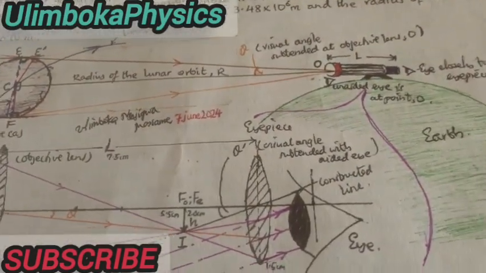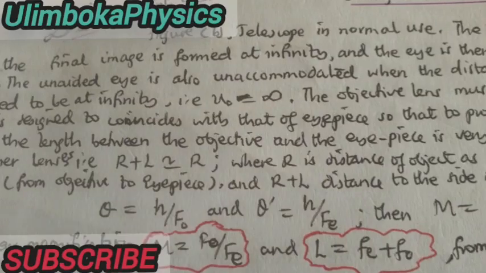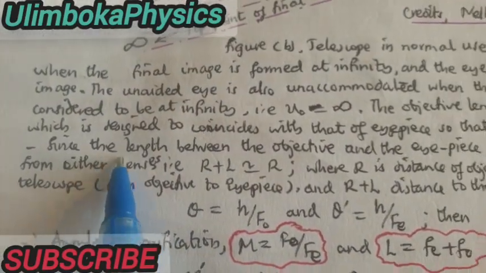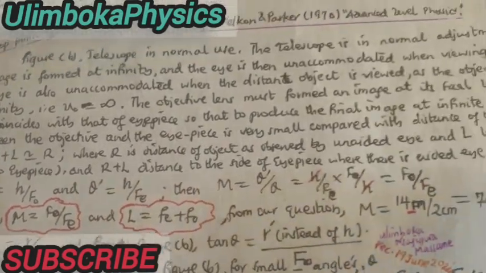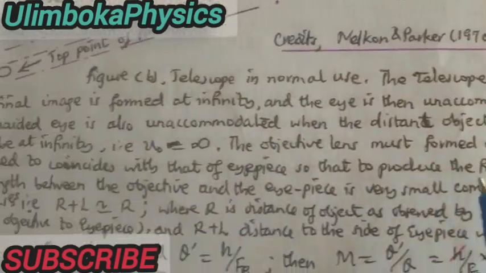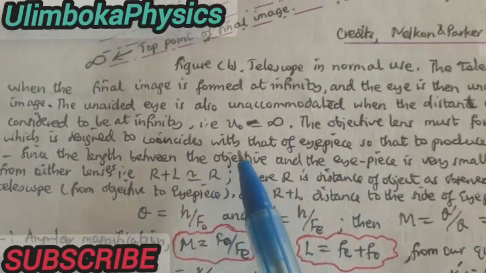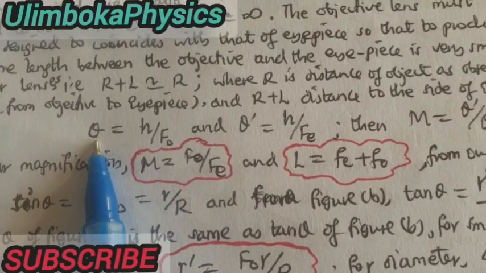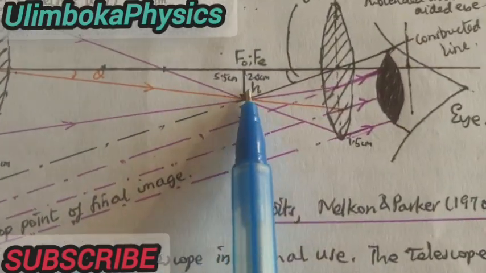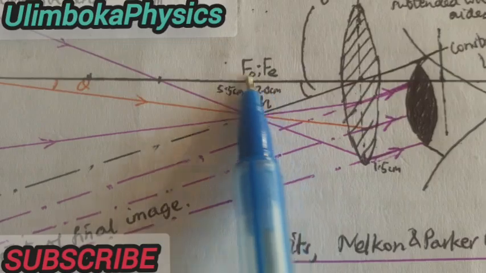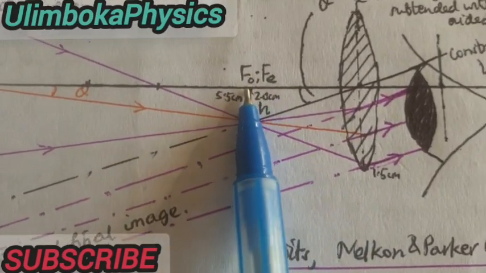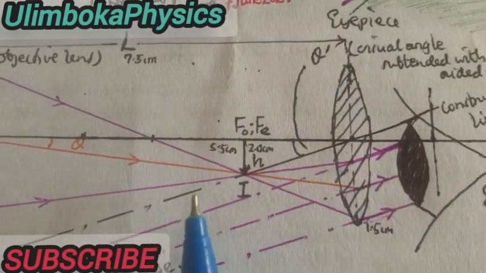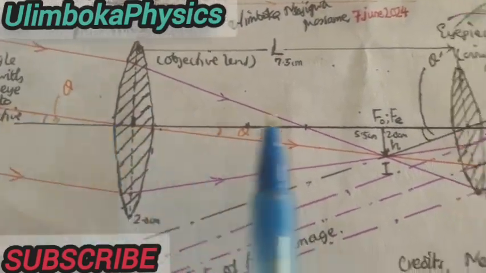After looking at those assumptions, let us do some simple mathematics here, and you may follow these explanations below so that you can see how we reached that assumption. Our theta now: this h is h for image 1, which will act as the object and will share the angle theta dash, and at the same time will share the angle theta of the objective lens.